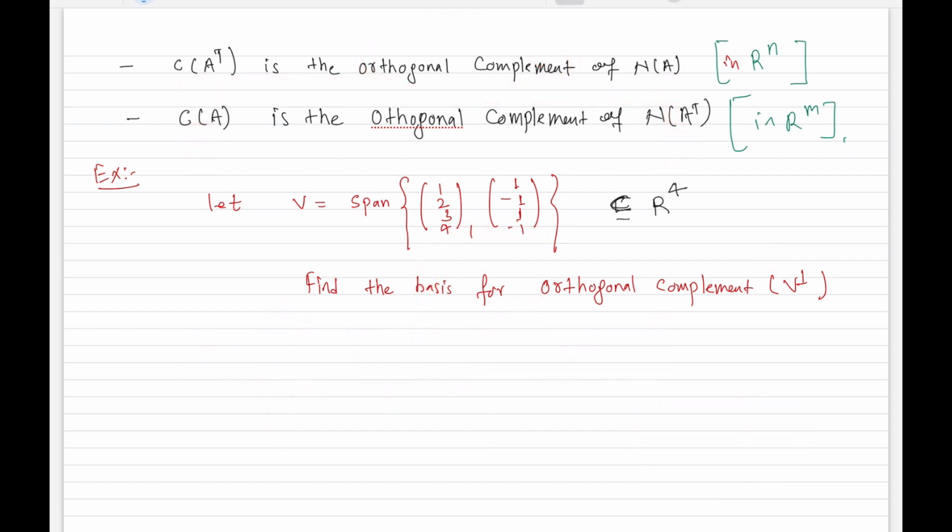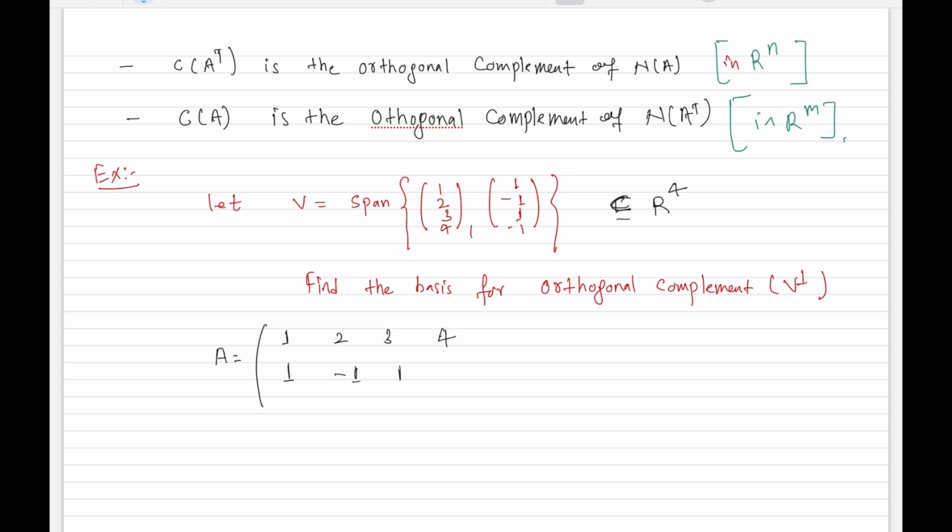Let me proceed by making these vectors row vectors. So we can make this a matrix with row vectors and a row space. So we can assume that we have this matrix A with these vectors as rows, and their linear combination, or their span, will give you the row space, right?